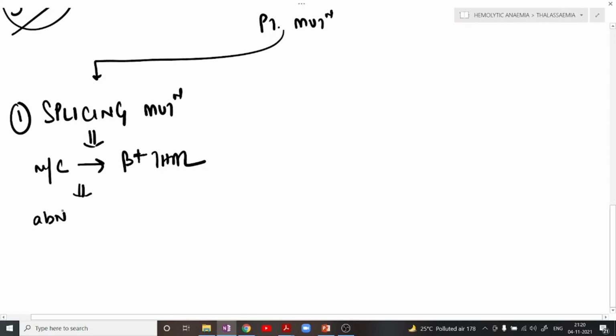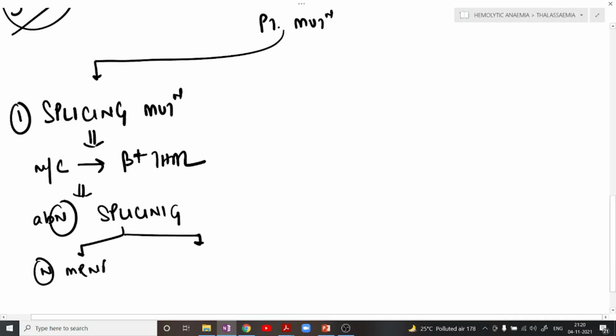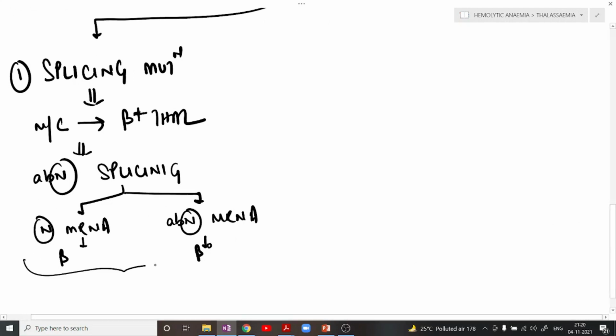There is an abnormal splicing, which gives rise to both normal mRNA as well as abnormal mRNA. This normal mRNA will give rise to some amount of beta globin chain, and this abnormal mRNA will result in an abnormal amount of beta chain, because of which there is a reduced beta globin chain synthesis.